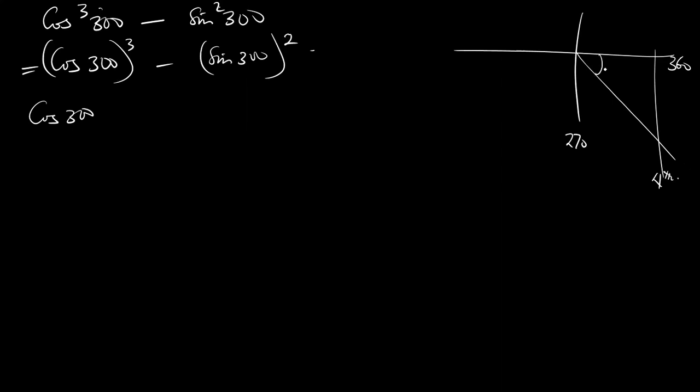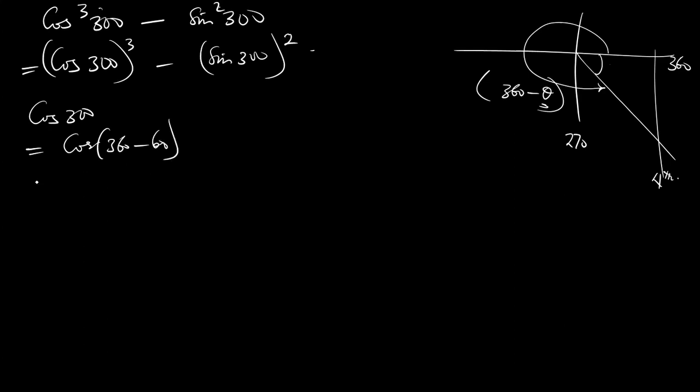Now what is the acute angle you subtract from, because if you move like this, it should be 360 minus theta. So what is the angle you subtract from 360 to give you 300? The angle is 60. That is, you have cos 360 minus 60.